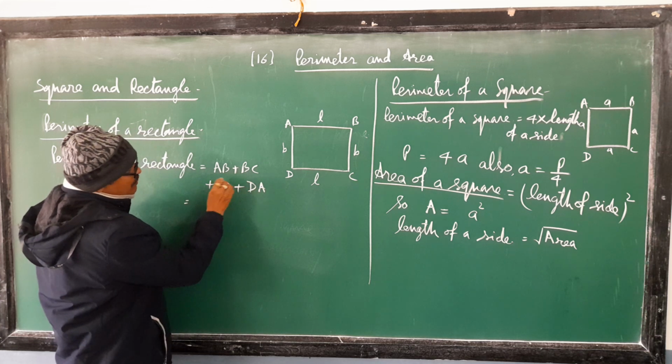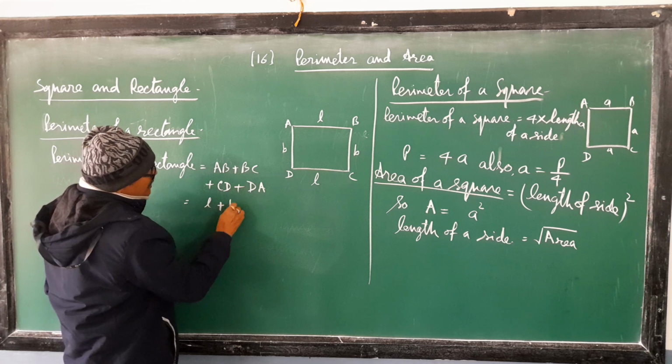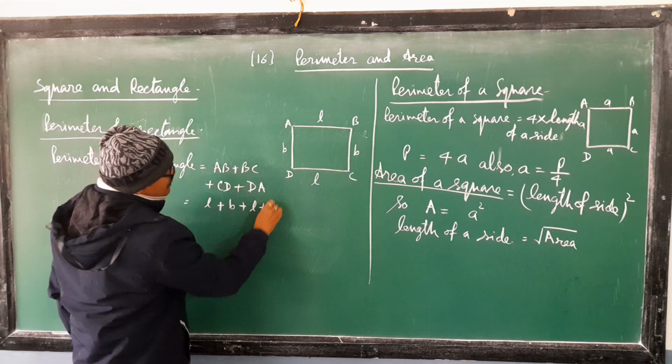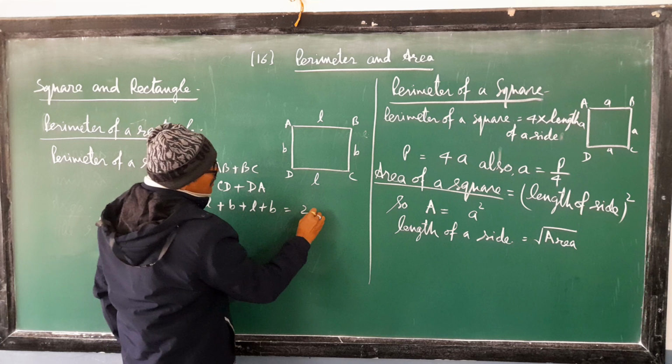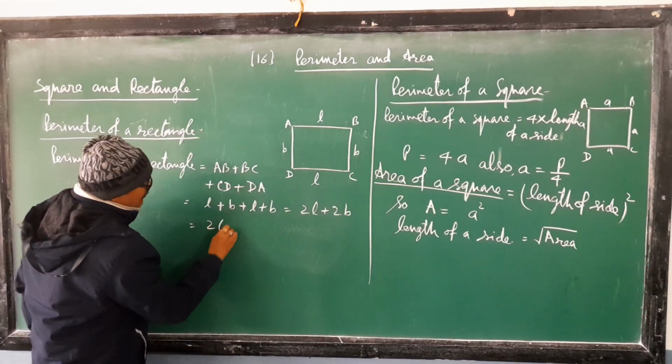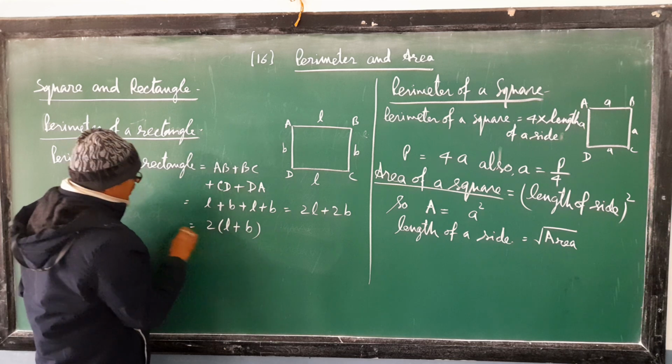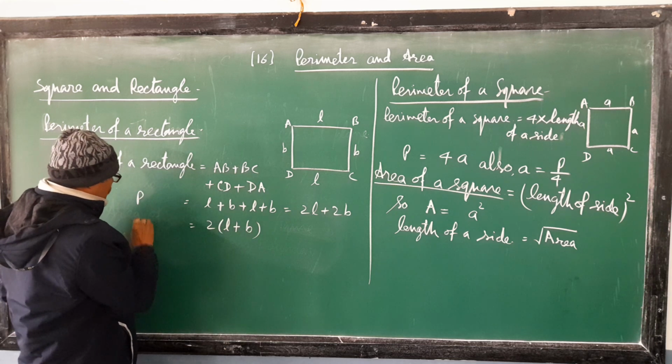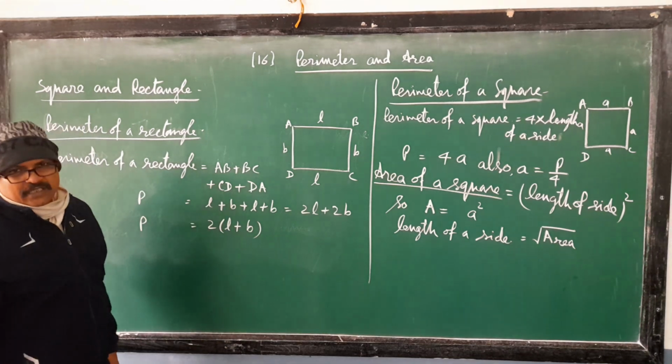This will be equal to l plus b plus l plus b, which is 2l plus 2b. So perimeter P is equal to 2 times (length plus breadth).